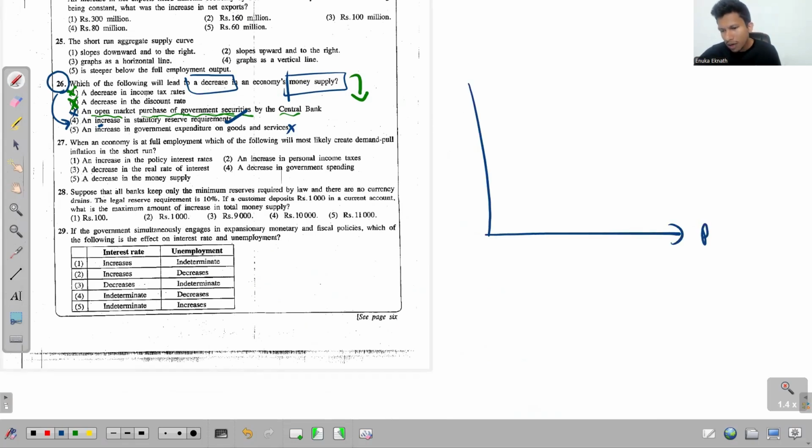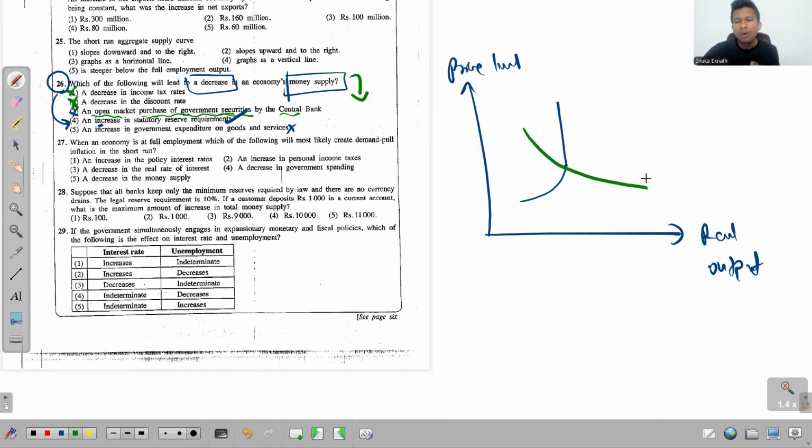This is the real output, and this is where you get the price level, and this is the aggregate supply curve, right? This is the aggregate supply curve, and right now the economy is operating at the full employment level of national income, which means this is where the aggregate demand is, right?